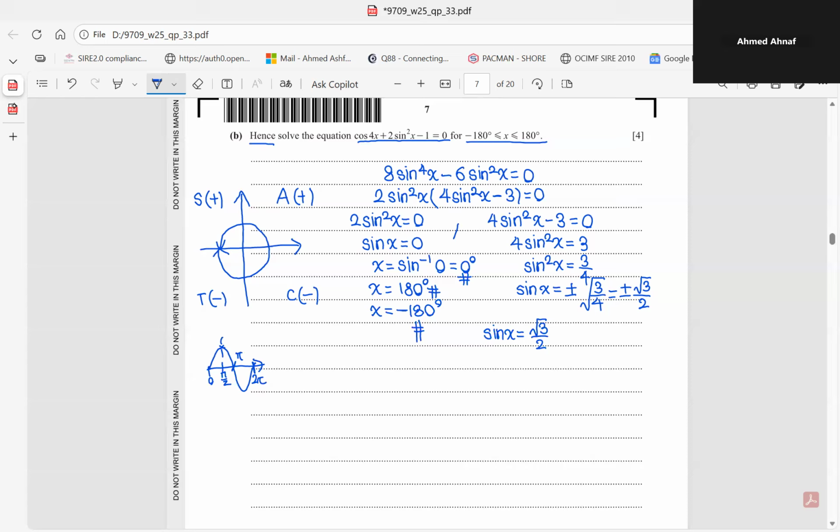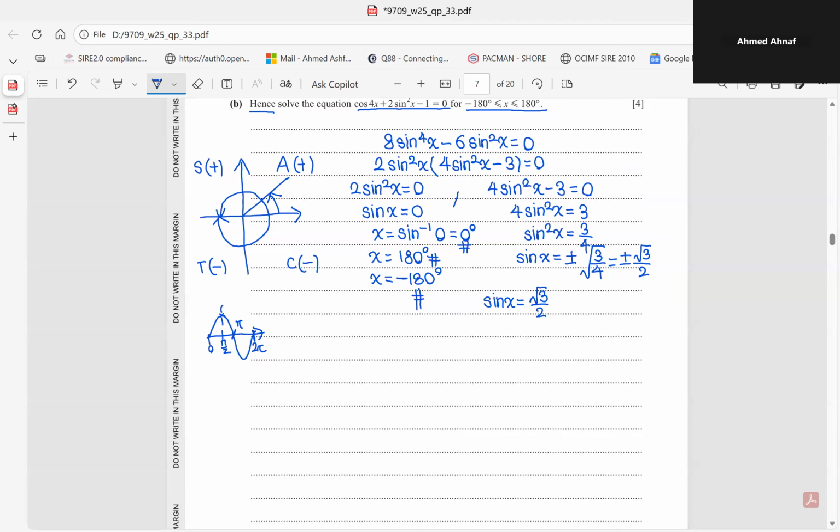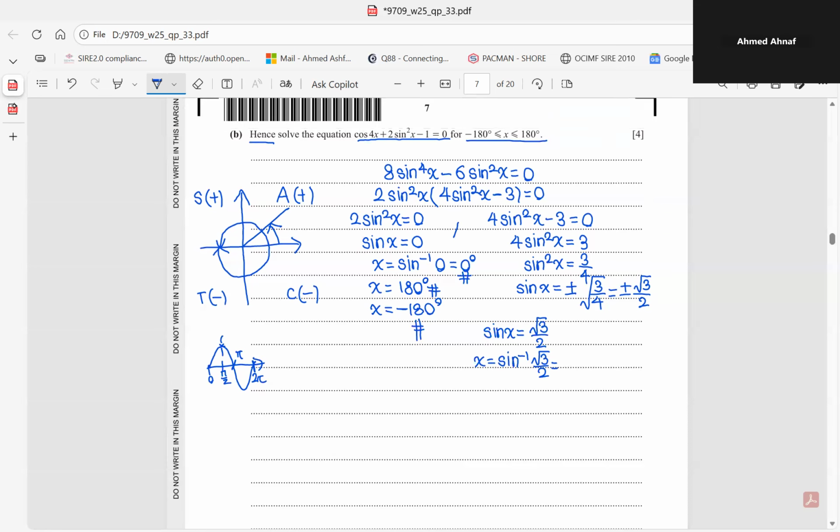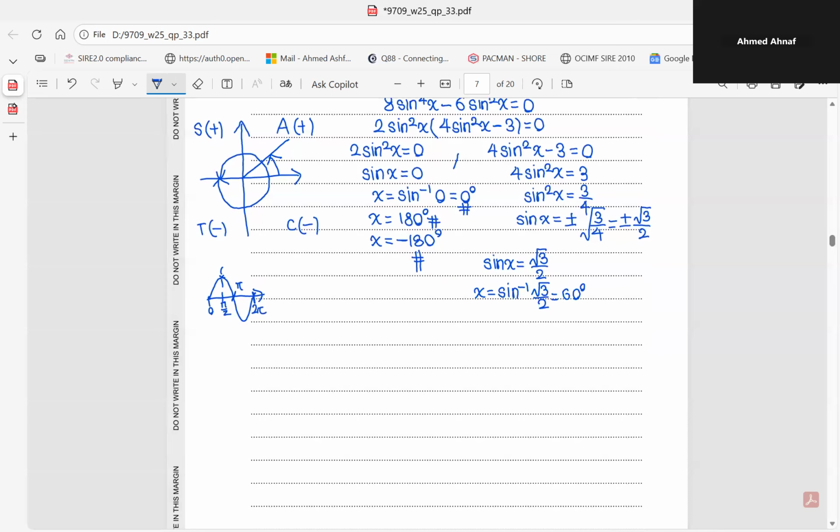So for the first quadrant, it would look something like this, with just a basic acute angle. Okay, so the acute angle, just to get it, just take the inverse sine of square root 3 over 2, and you get, don't forget to set your calculator to degrees, because that's the units that they gave us our domain in. Okay, we got a perfect answer, 60 degrees.